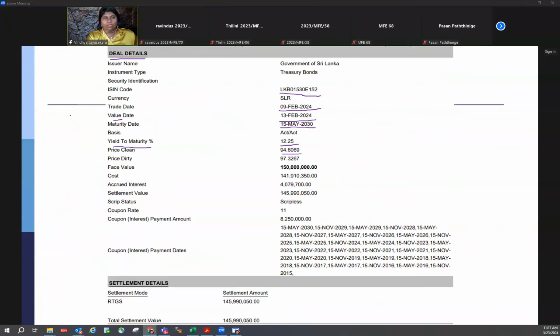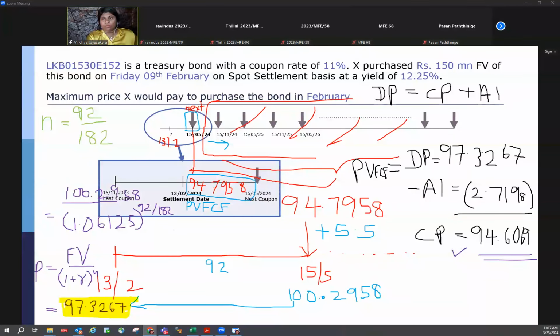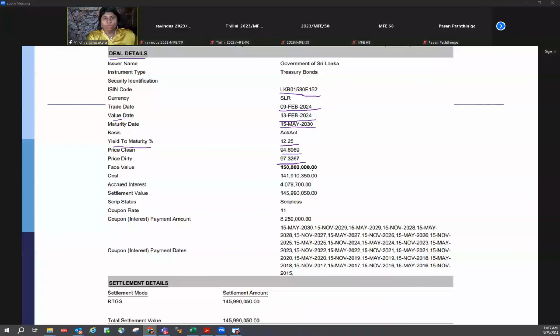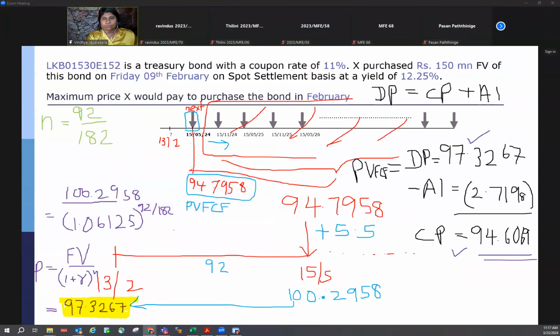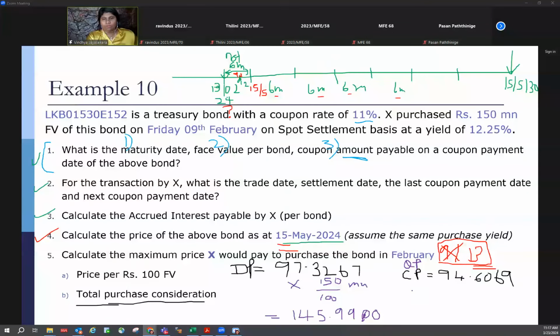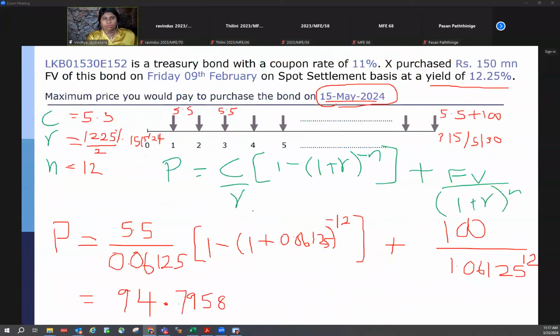Dirty price 97.3267. Correct. Okay. Face value 150 million. So therefore, your settlement is 145.99 million. Right.